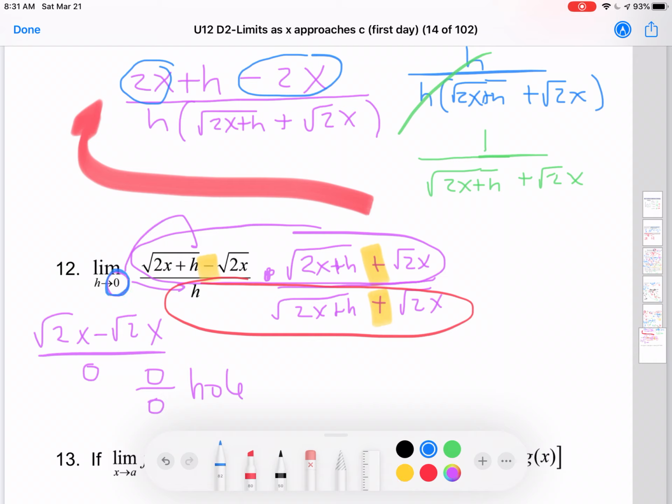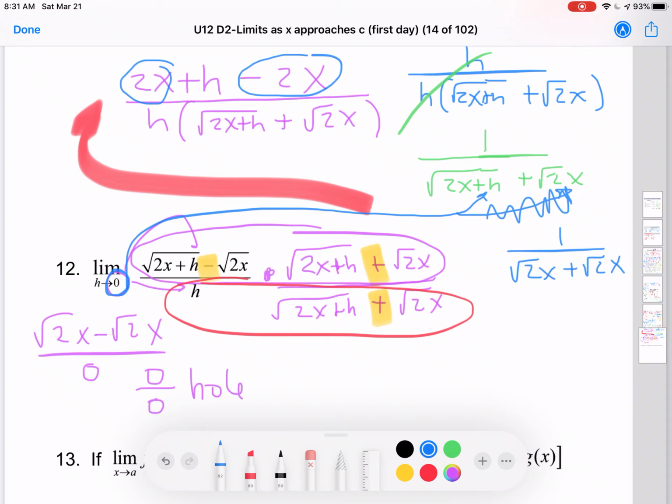Okay, so here's my 0. I'm going to replace it in right here. So we're left with 1 over rad 2x plus rad 2x.